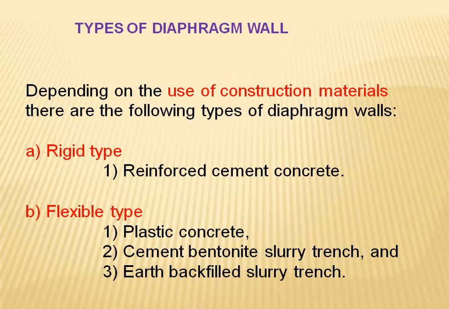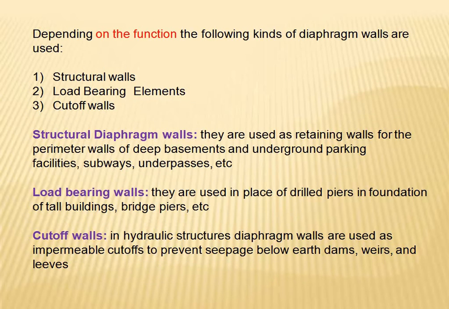Rigid type means a reinforced cement concrete wall is constructed, and flexible type means plastic concrete panels are constructed, with cement bentonite slurry trench and earth backfill slurry trench. These are the two types of diaphragm walls.